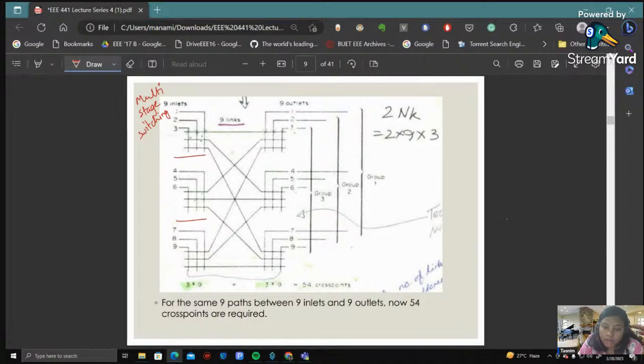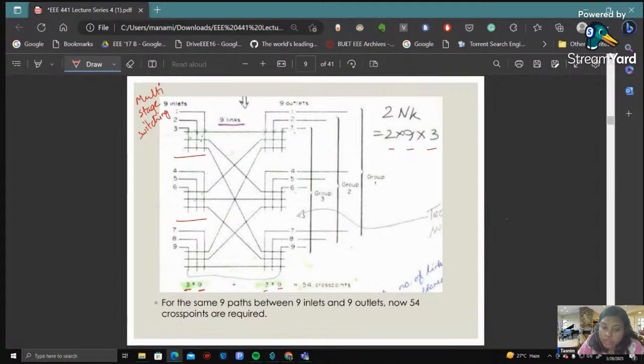So these are 9 links, 9 inlets, 9 outlets, chunked into 3 sections. These 9 links are each connected to the 3 sections.